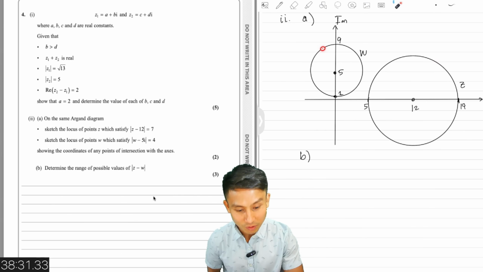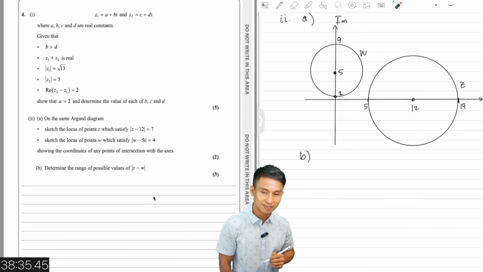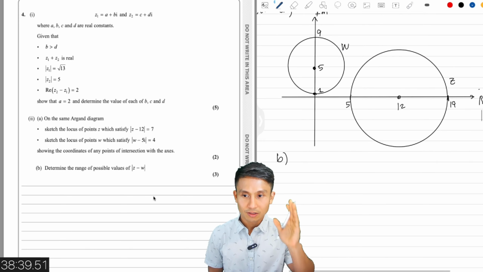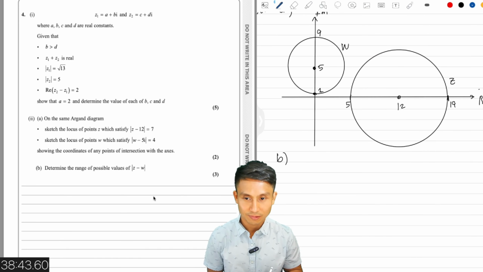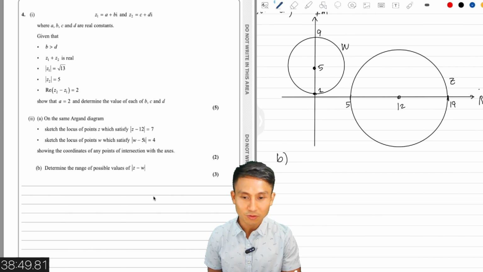So let's say if I have 1 point here and 1 point here, what's the distance? Because that's the modulus there. Alright? Okay. So the range, we want the maximum case and the minimum case. Yeah? So the maximum case is when you have them as far away as possible.